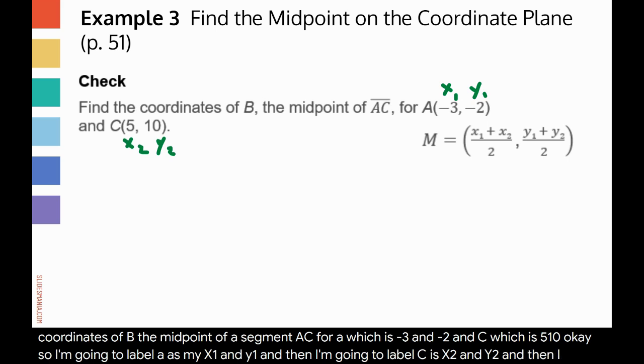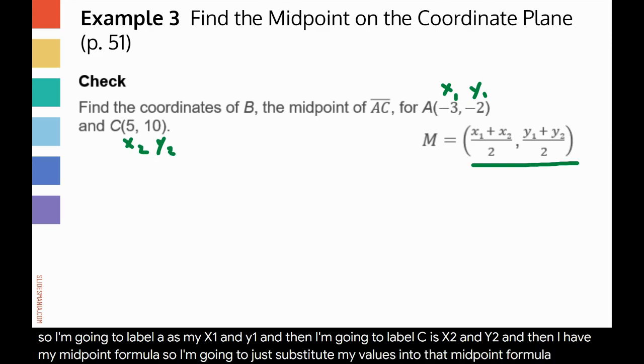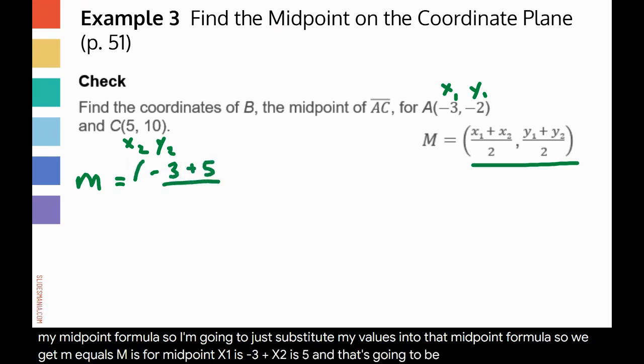Then I have my midpoint formula. So I'm going to substitute my values into that formula. M equals, M is for midpoint, x1 is -3 plus x2 is 5, all over 2. That's my x coordinate.